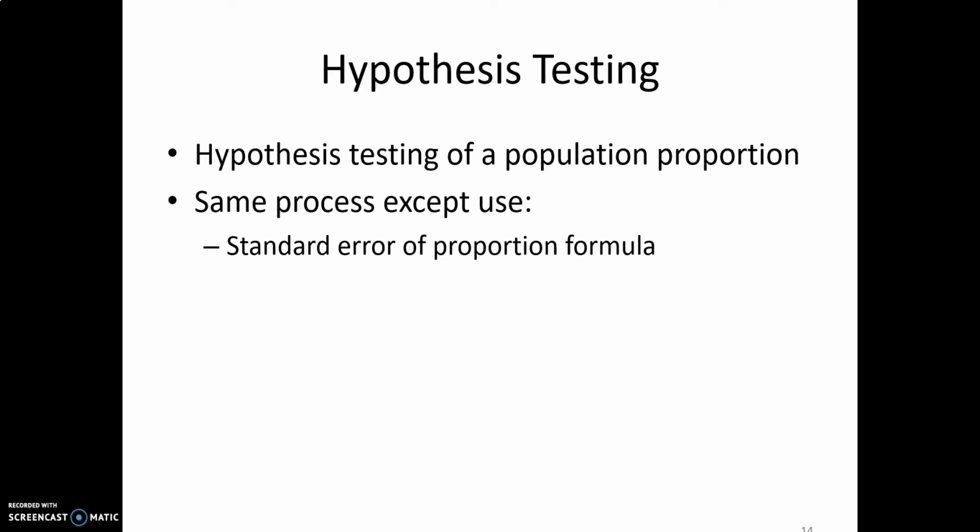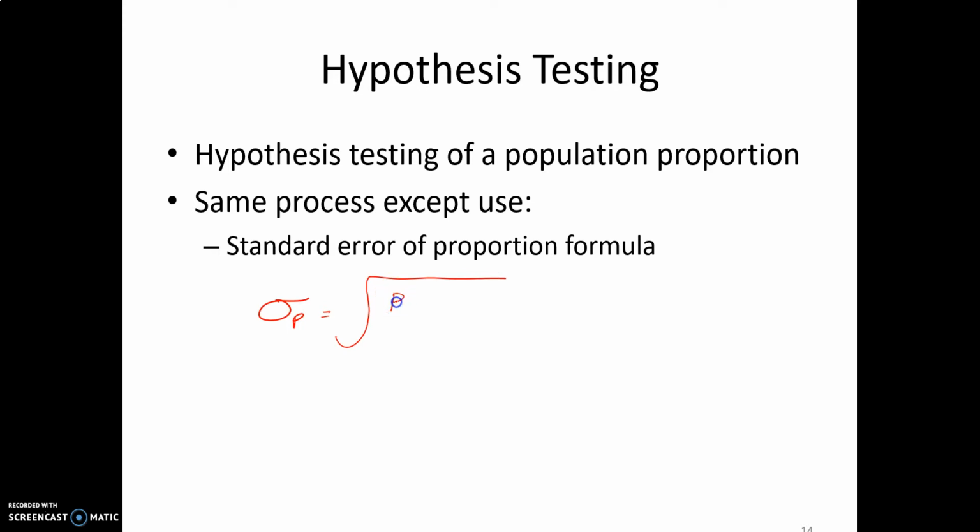This is a test on the population proportion, proportion meaning percentage or fraction of the population that exhibits some characteristic. Same process, except for the standard error of the proportion formula, which is part of your Z formula. So let's just go into that. This is similar to Chapter 7 with a slight difference.